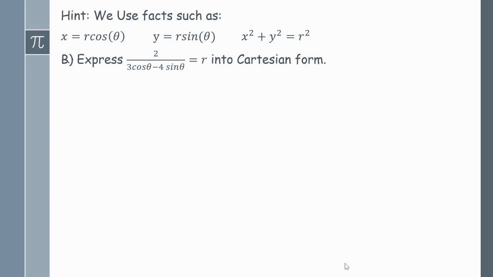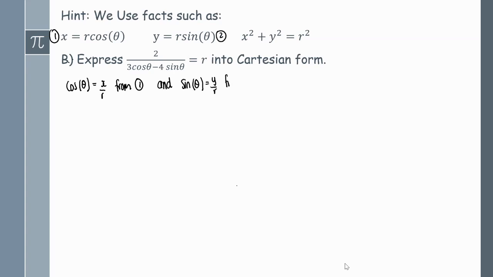Okay, let's try another of the same type. So I have a polar equation, 2 over 3 cos theta minus 4 sine theta equals r, and we have to convert into Cartesian form. So recall from my first equation, I could say that cos theta equals x over r just by rearranging.